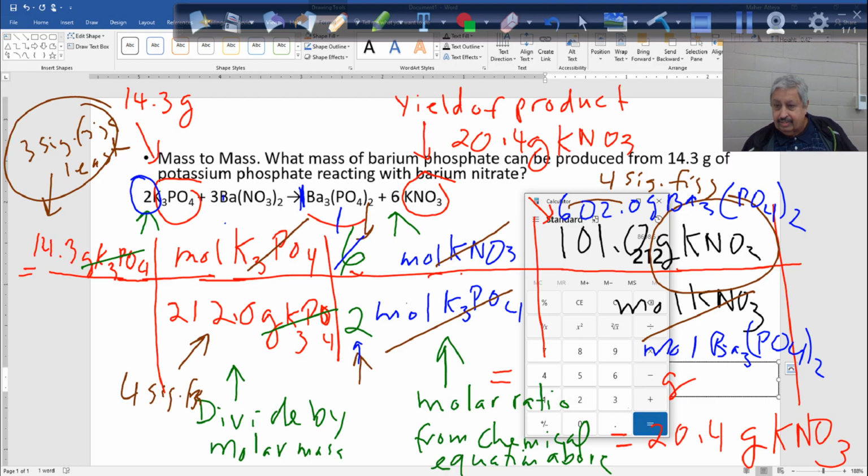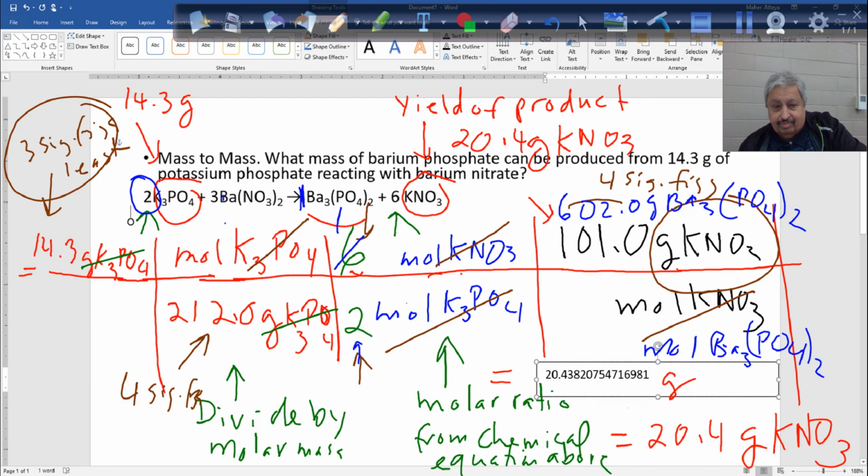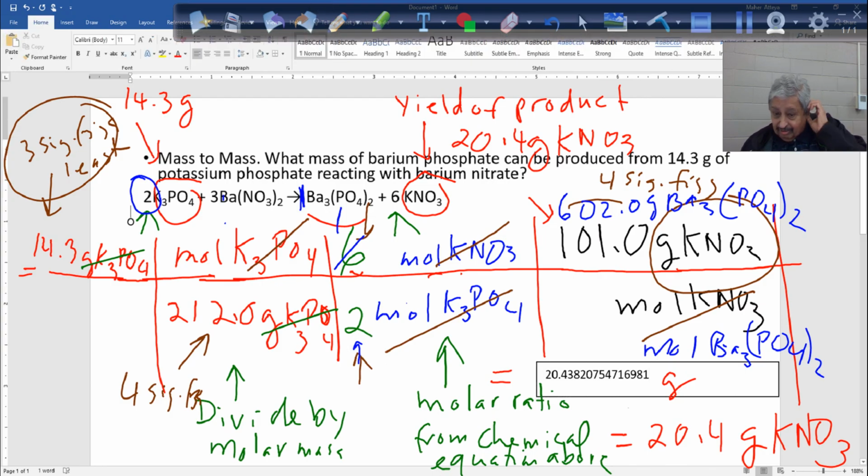Correct, guys? And the answer is this one, correct? And this answer is this, and then you have to divide by what? By 2.